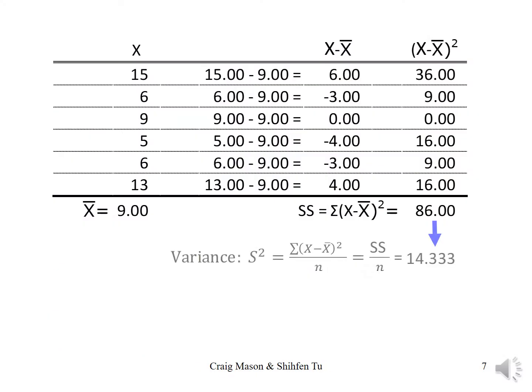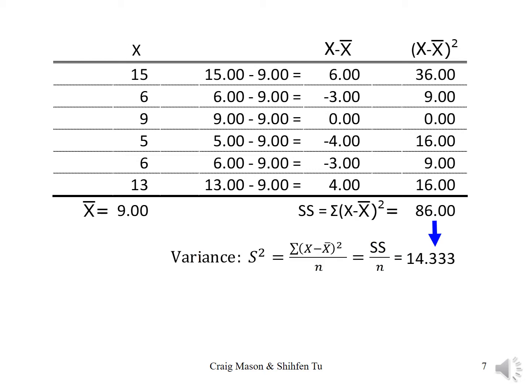If we have a huge sample, even a small amount of variability from person to person on average is going to ultimately add up to a large sum of squares. Therefore, the variance takes the sum of squares and divides it by the sample size in order to reflect an average variability in the sample. Well, an average squared variability in the sample.